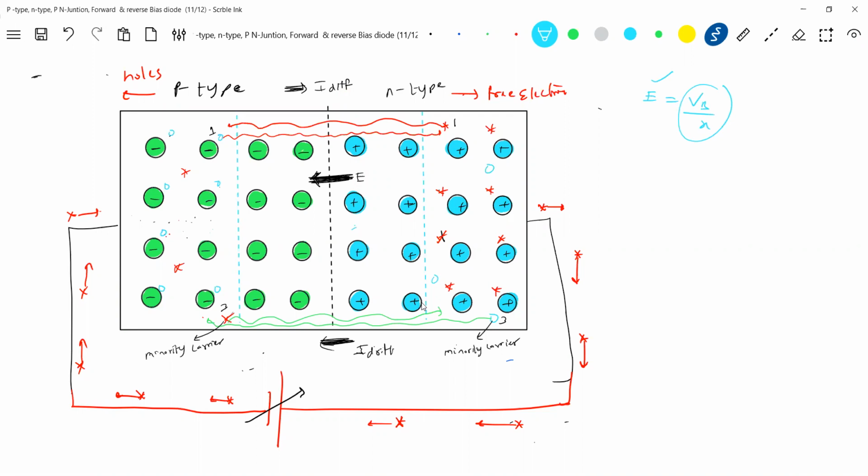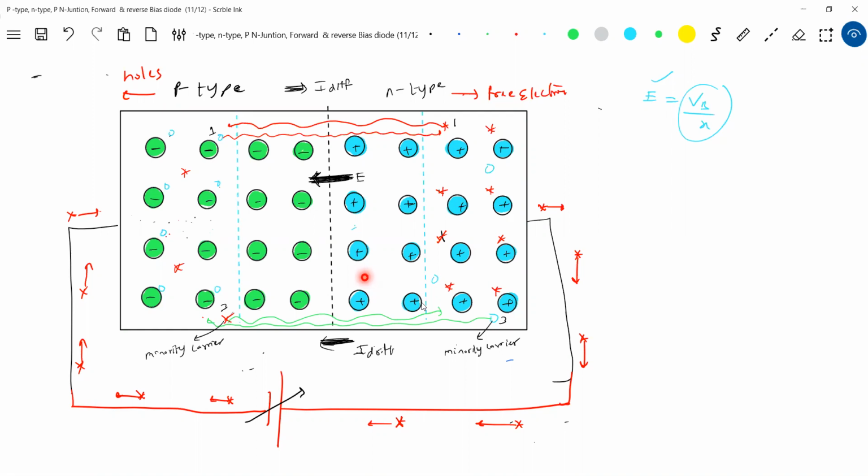Okay, let's come to the drift current. What will happen to this? As the width of the depletion layer increases, more covalent bonds will break up. I'm not talking about temperature. If the width is, say, 10 micrometer, in 10 micrometer 1000 covalent bonds will break up here. Then in 20 micrometer, more covalent bonds will exist and more breakup will occur.